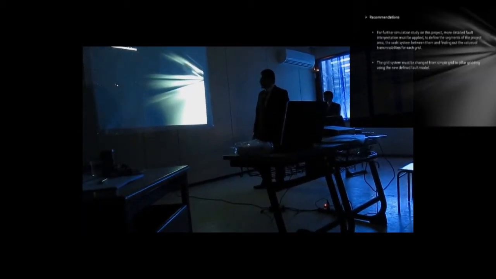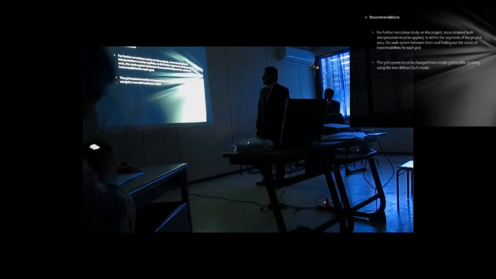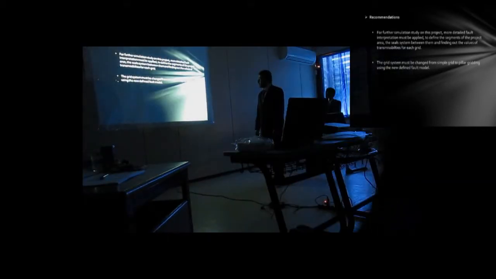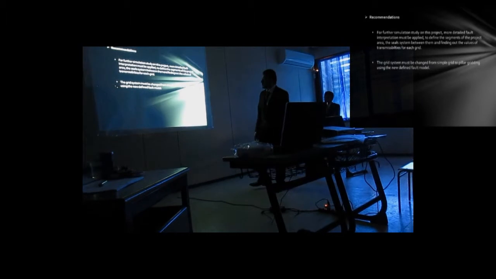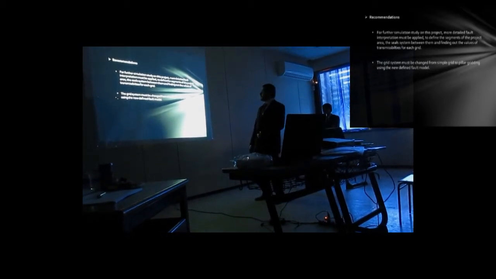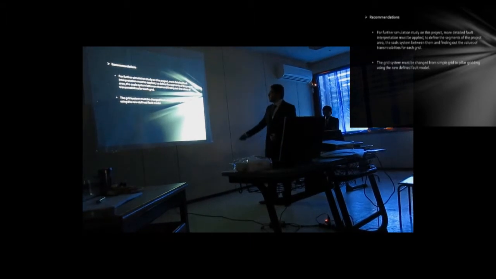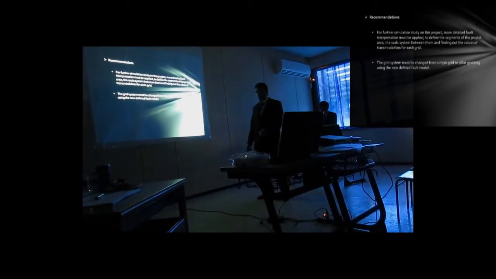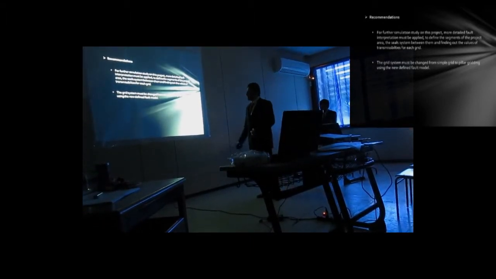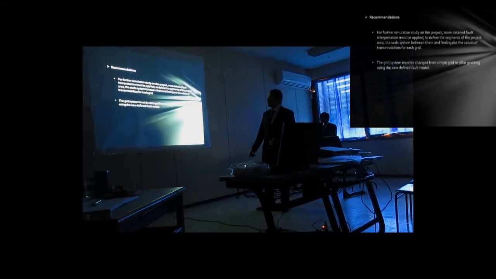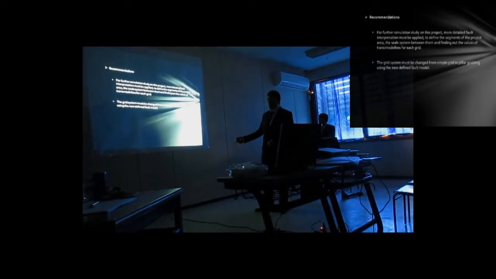As for recommendations, for further simulation studies on this project, more detailed fault interpretation must be applied to define the segments of the project area and the seal system between them, and to find the values of transmissibility for each grid. As shown before, we had to assume the 3D grid.